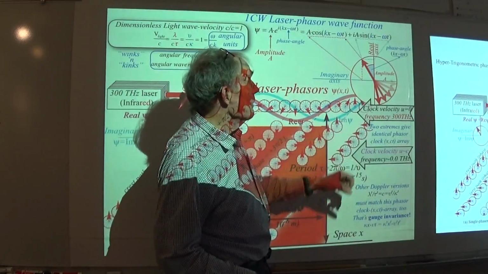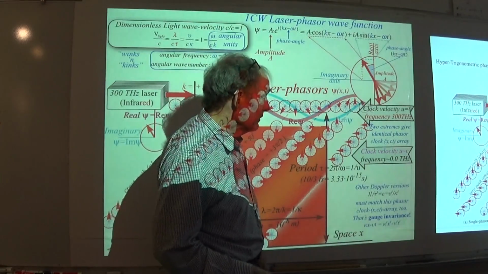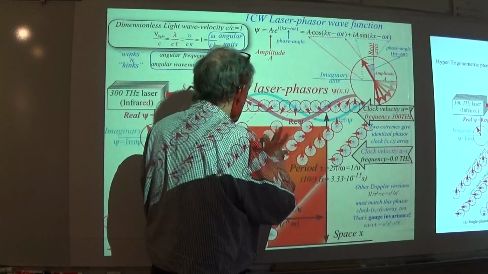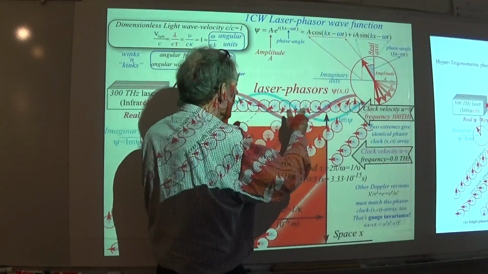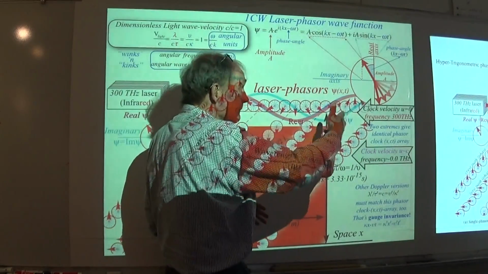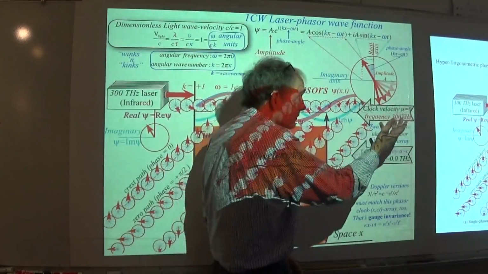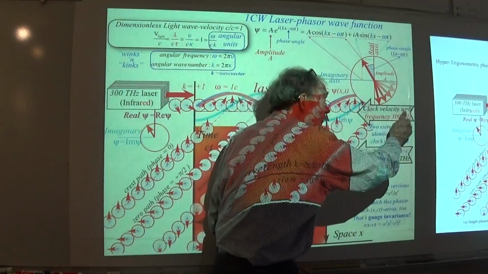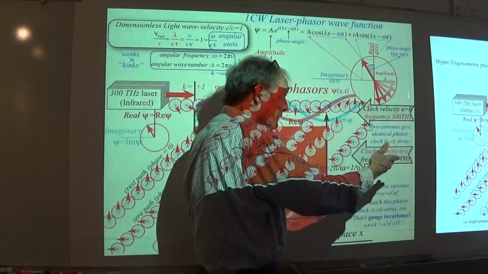And the clock velocity, the clocks that you're actually looking at here that are turning and giving you the time, are attached to the Earth, basically. Their velocity is 0, and they have a frequency of 300 terahertz.